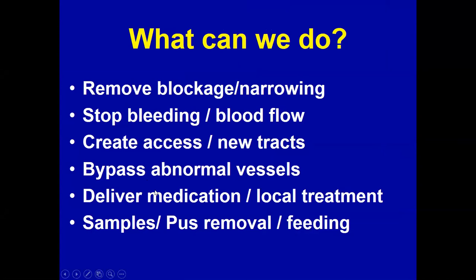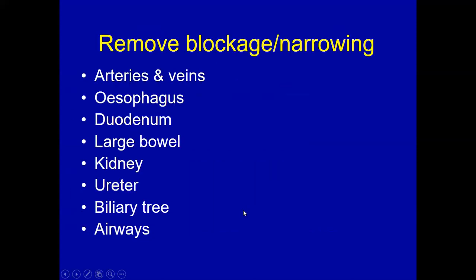Using those tools, we can deliver medications or local treatment, and we can use our catheters to take samples or remove pus. We can use this to give feeding. I'll show you one by one. We can remove blockage in the arteries, in the veins, in the bowels, in the kidneys, in the biliary tree, and in the airway.